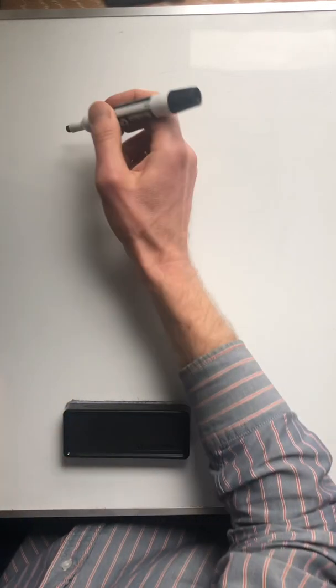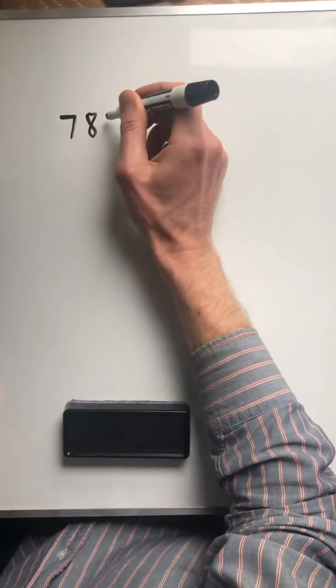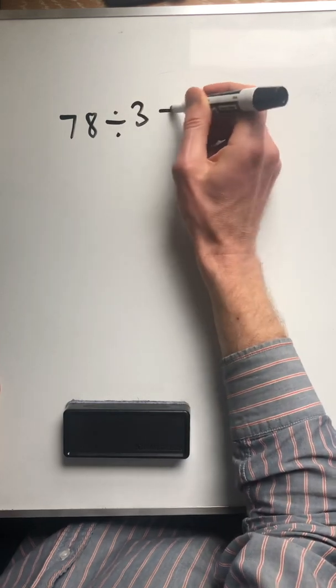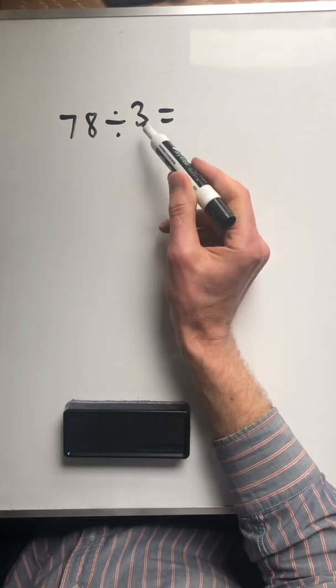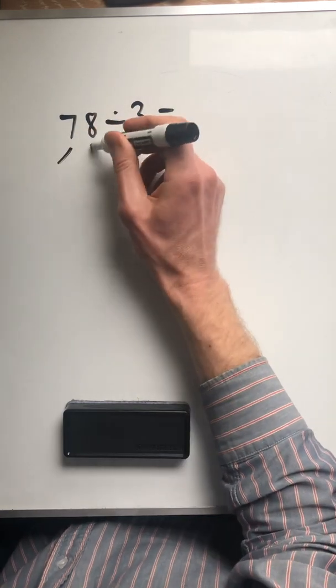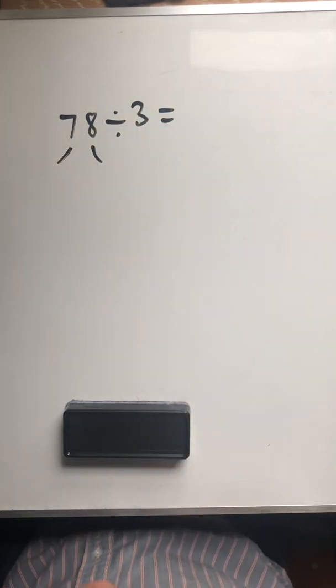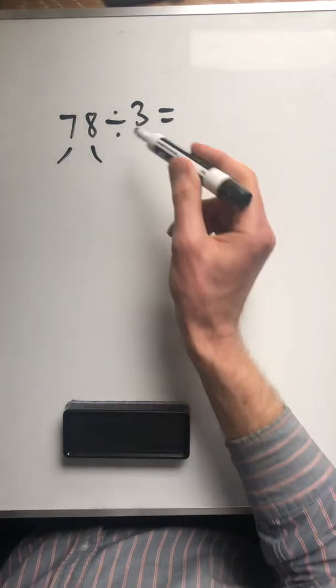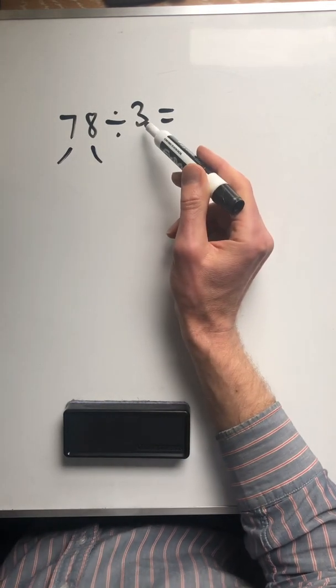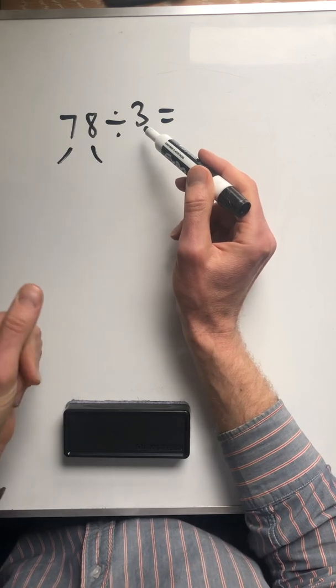Remember, you can always pause the video. Let's try 78 divided by 3. And that looks really tricky, right? But think about how you could break it up into 2 problems that'll make it easier for yourself. And 3 will have to go into both problems. So let's think about your 3s. 3, 6, 9.